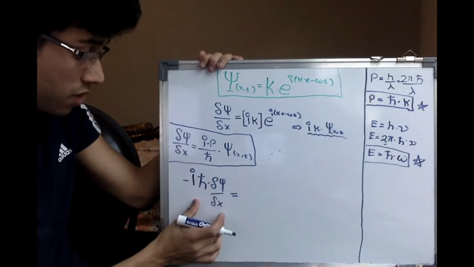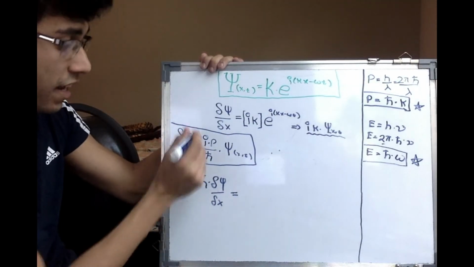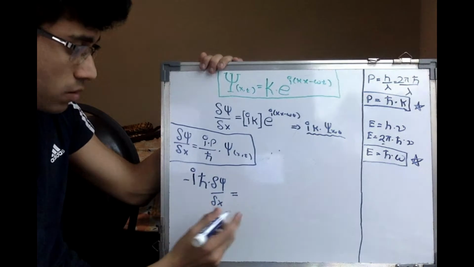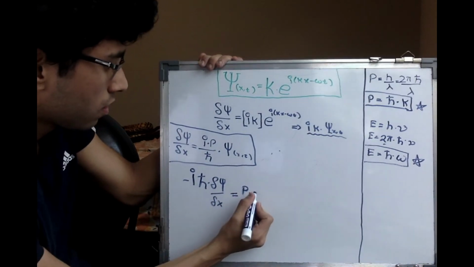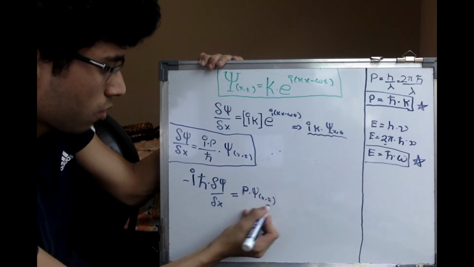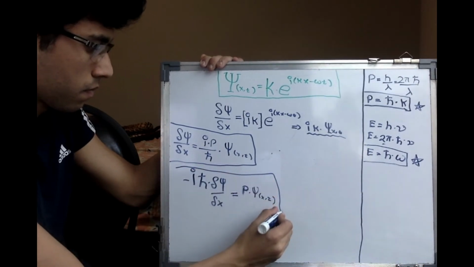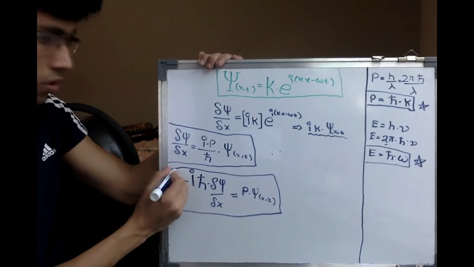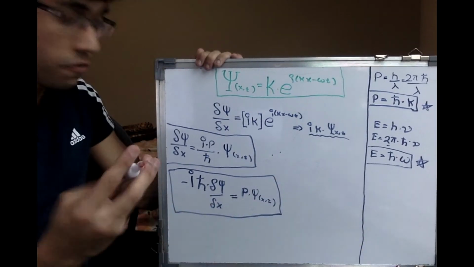I know what the partial of psi with respect to x is now. I just have to multiply this with negative i h bar. i and negative i become 1, and h bar gets cancelled. So here I have p times psi of x comma t. And this is a very important conclusion for us, because this is the momentum operator acting on the psi function.